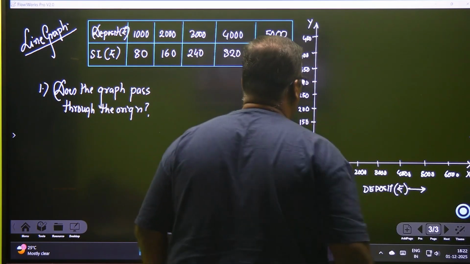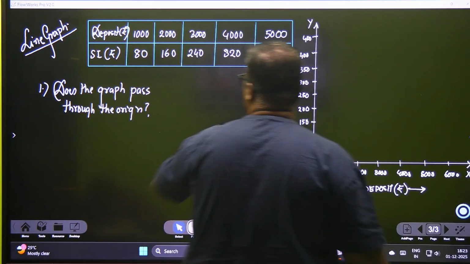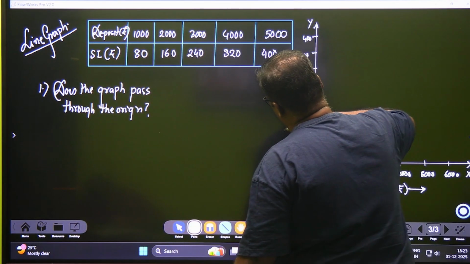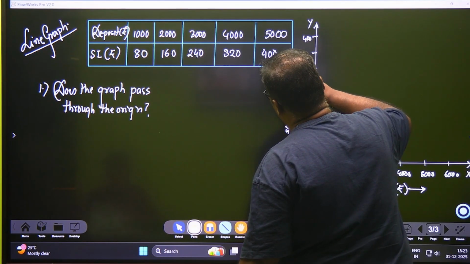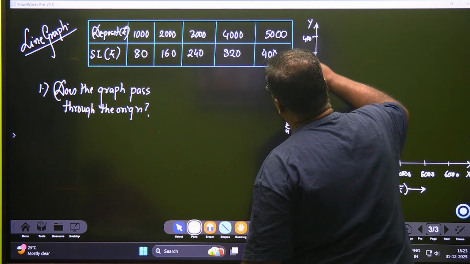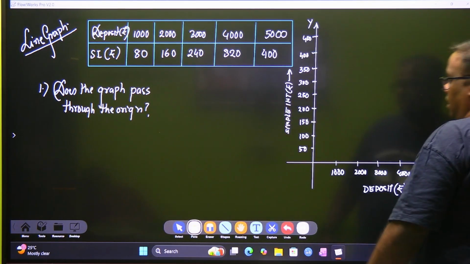Okay. And on this side, what do we write? We write simple interest. This is also in rupees, and that's your graph. So let's get to our points now.